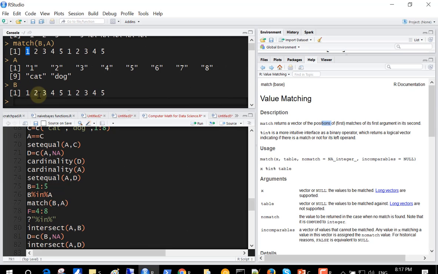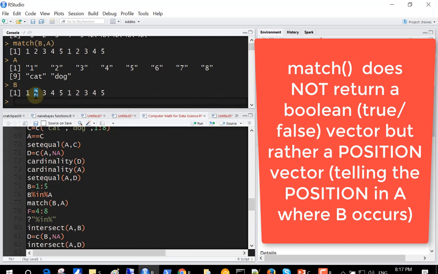Okay, what about this? Is this in A? And if so, where? And so we get it's in the second position. Okay, so that's kind of obvious, but going up to here, is this in A? Yeah, and if so, where? It's in the first position, so we get a 1 here. Okay, anyway, that's the match function.